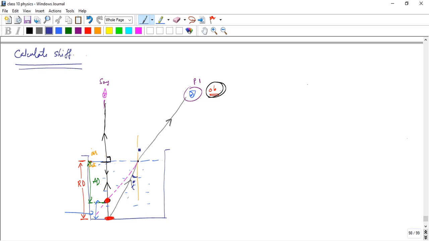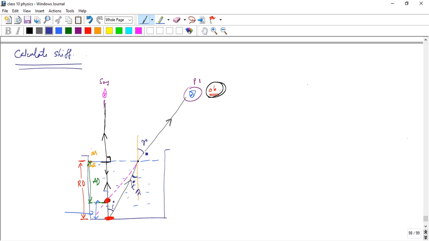So that is the refracted angle R. If a normal is vertical, seeing the object, this line is also parallel to normal. This line and this line are parallel. So this angle I and this angle I, that is the alternate angle.